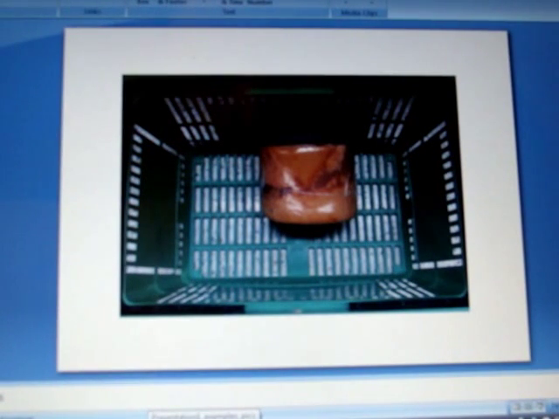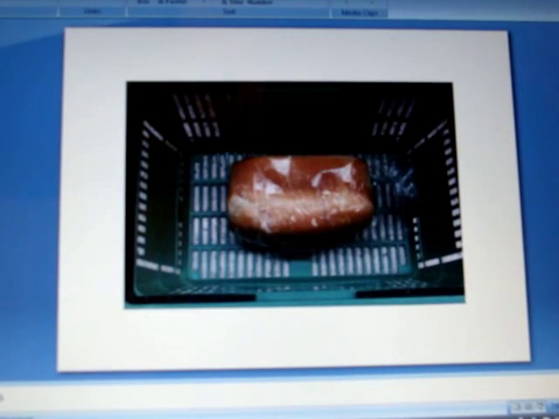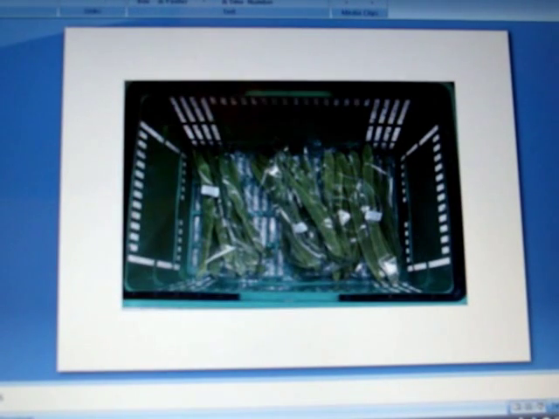I'm going to show you some items that people buy more often. Meat, bread, beans.